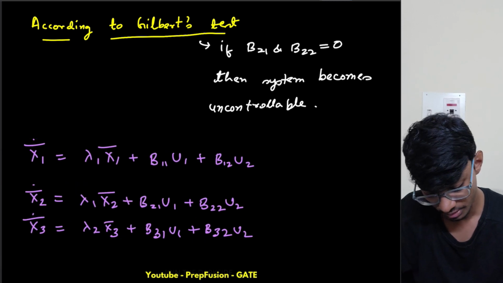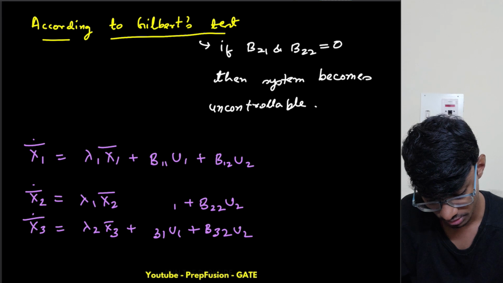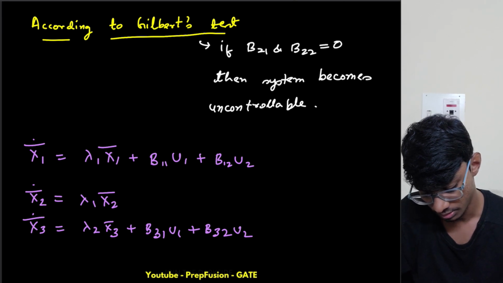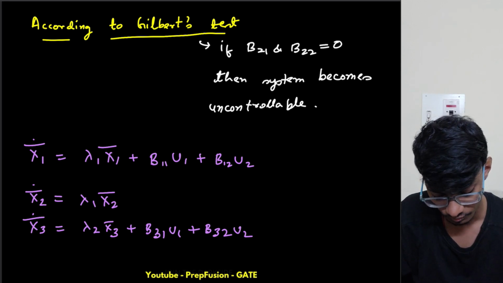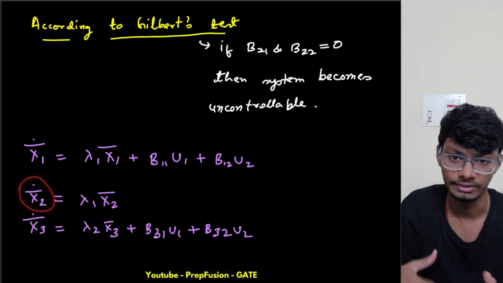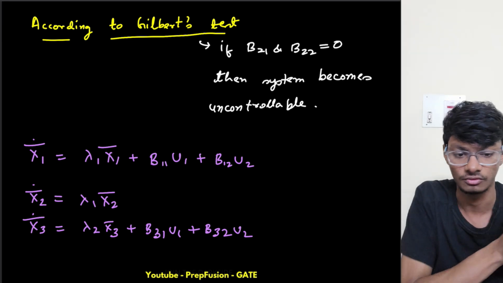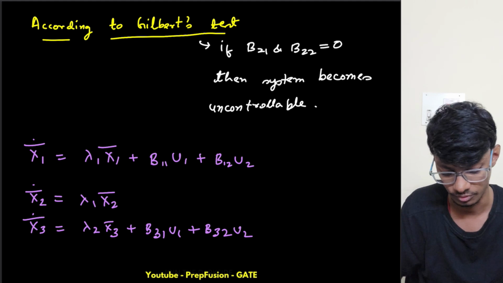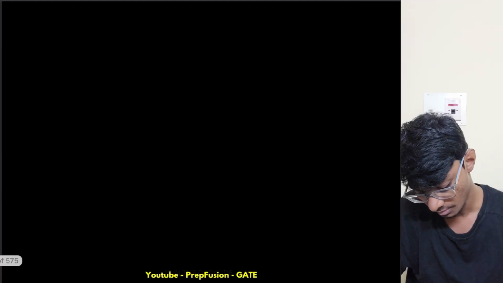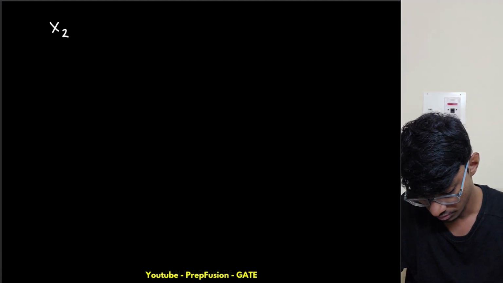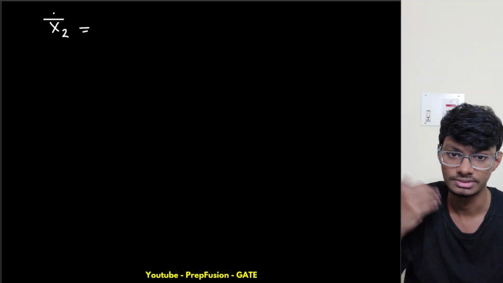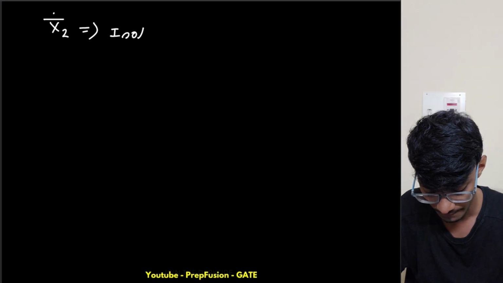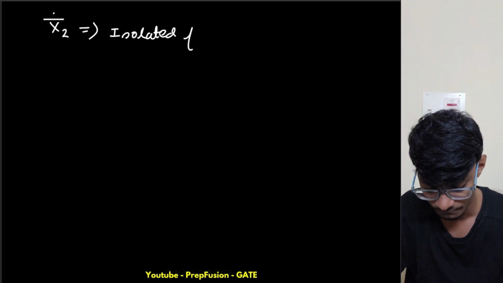If I make b21 and b22 0, then these terms go to 0, and what happens is that my second state variable isn't a function of the input anymore. So my x2 becomes isolated from the input.